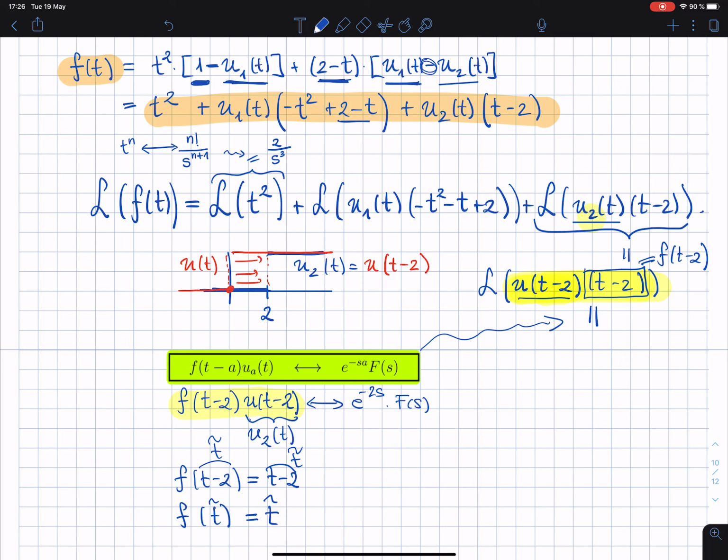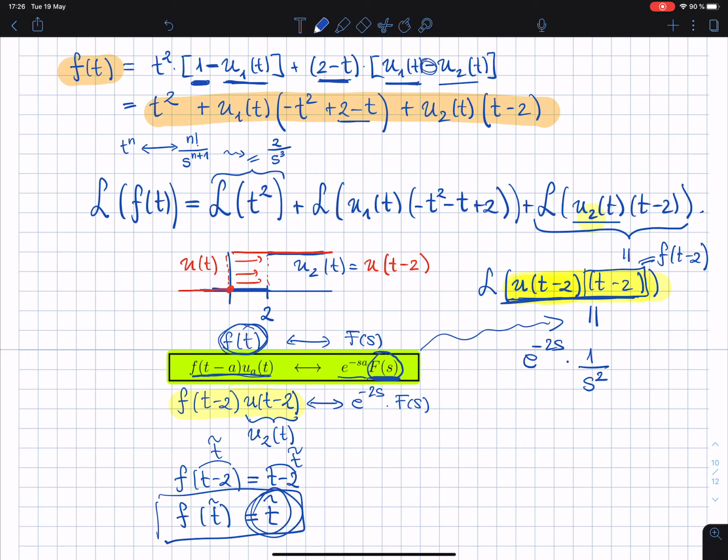So the function F of s here, that's very important, is the Laplace transform of f of t. That's why I need to know who is f of t, because the Laplace transform of this function is going to be the exponential of minus 2s times the Laplace transform F of s, which is the Laplace transform of f of t. So the Laplace transform of t is 1 over s squared.